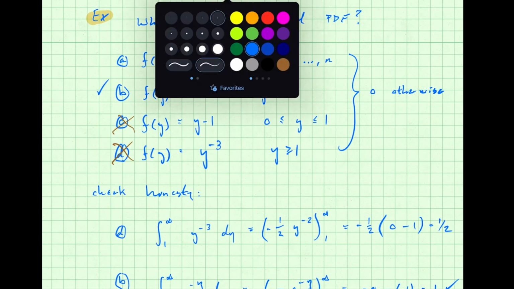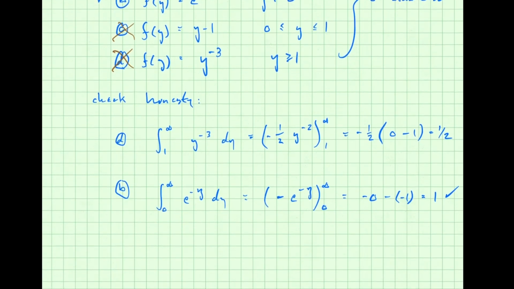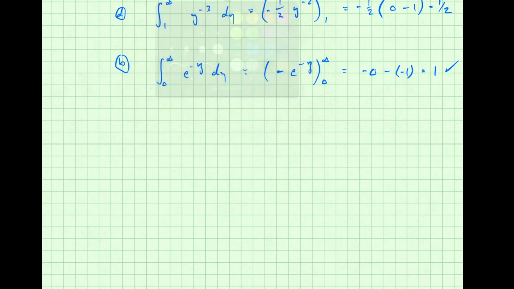Now, A is just so wrong. Let's just see why it's wrong, all right? So let's just draw it, all right? So here, the horizontal axis is going to be y. And then this guy's going to be f of y. And I'm checking out A here.